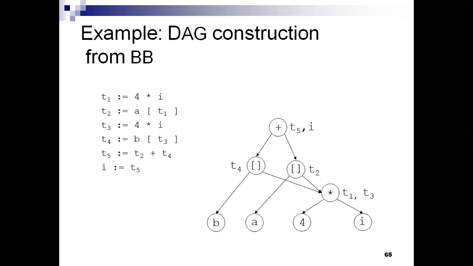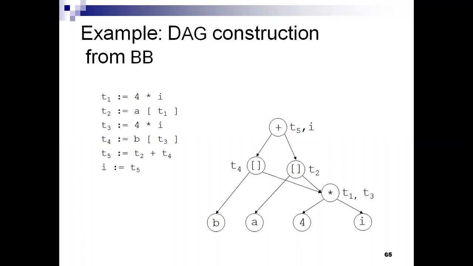basic blocks. And here we have some applications of the DAG. The DAG is used in determining the common sub-expressions, that means expressions computed more than once, and determining which names are used inside the block and computed outside the block.